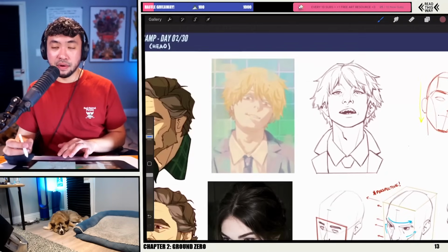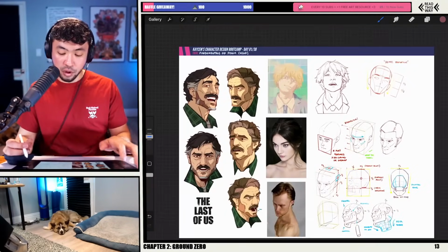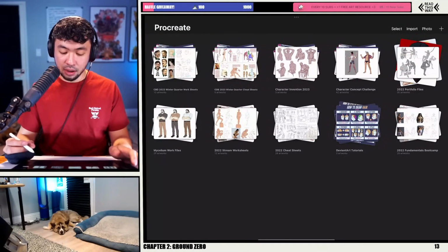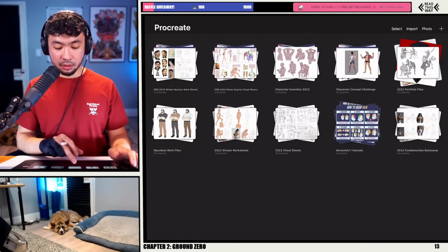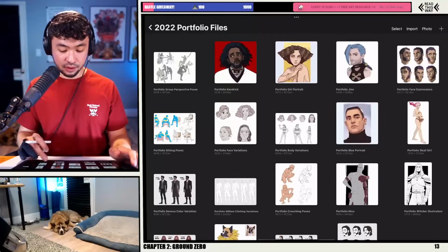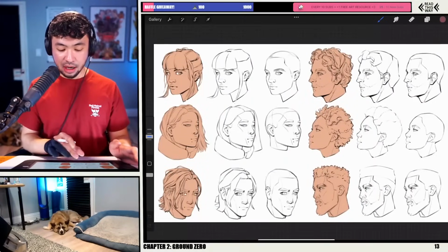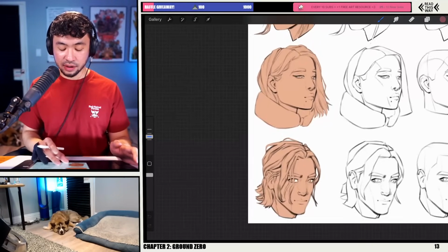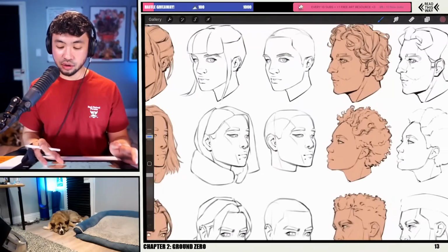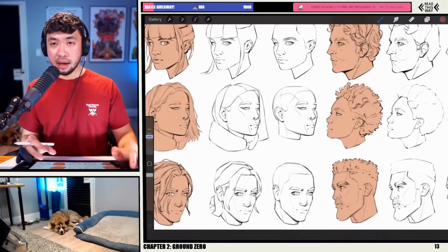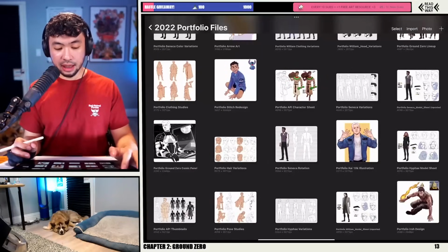Kaycem, how would you add texture and volume to long hair? We've done a lot of those, actually. Let me show you guys really quick. I've done this demo in the past where I've gone over different hairstyles and how to break down the hair textures for different types of hair. And all you really have to do is lengthen the hair to lengthen the texture.